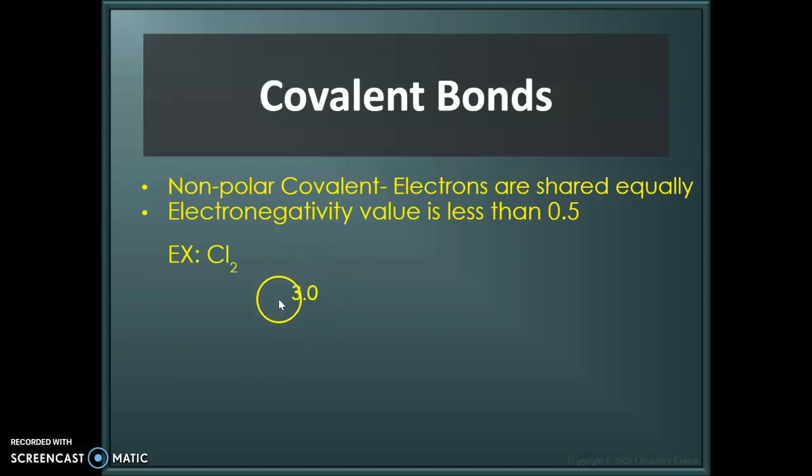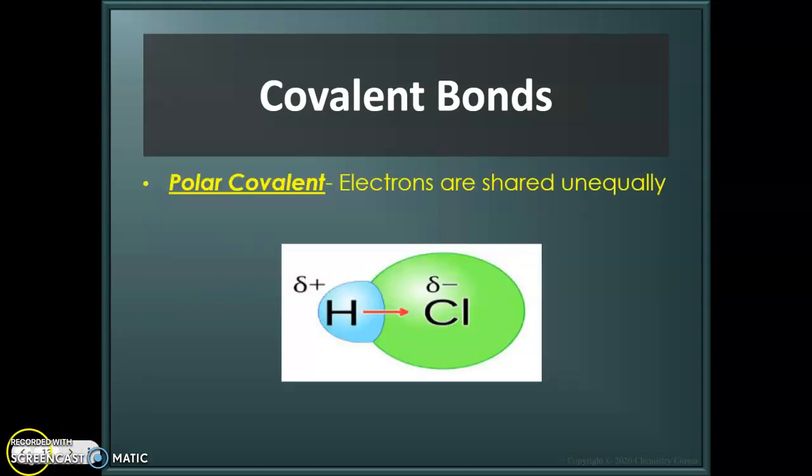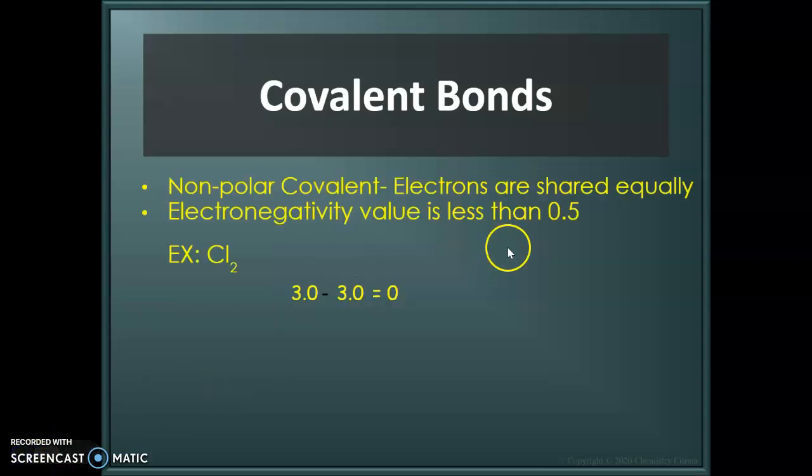So we're going to do 3.0 for our first atom of chlorine minus 3.0 for our second atom of chlorine, which gives us a value of 0. A value of 0 is less than 0.5, which means that this is a nonpolar covalent bond.